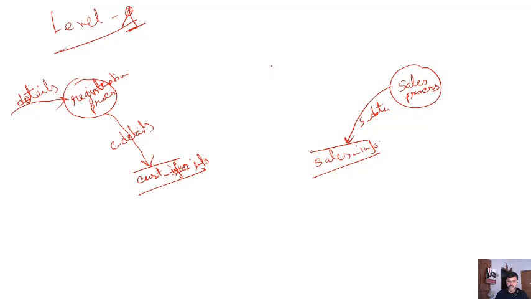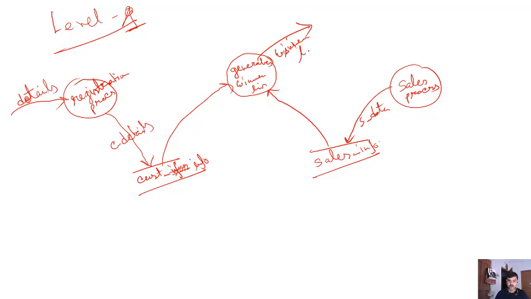And there is another process, that is the manager, who generates the winner list. He gets data from customer info, he gets data from sales info, and he gives the winner list. So C data, and this is S data.